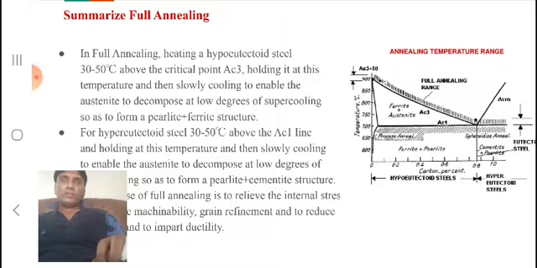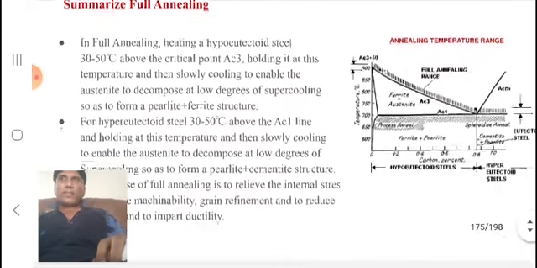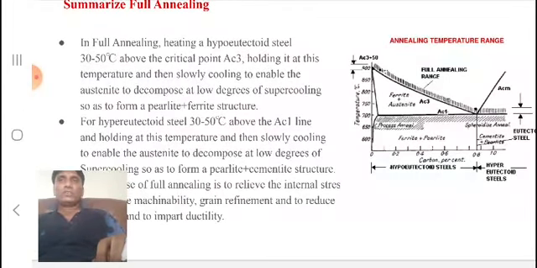And for hypereutectoid steels, we heat the steel 30 to 50 degrees centigrade above the A1 line. Please note that in hypoeutectoid steels we heat the steel above the A3 line, and in hypereutectoid steel we heat the steel above the A1 line. So this is the major difference.